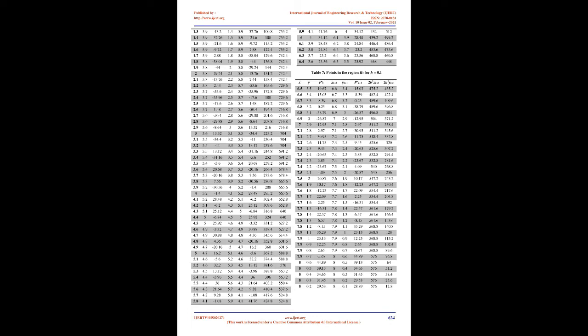All points (x, y) which satisfy the equation f(x, y) equals 0 lie on the boundary of the given ellipse. If f(x, y) < 0, the points will lie inside the ellipse, and for f(x, y) > 0, the points will lie outside the ellipse, where x and y are real numbers.